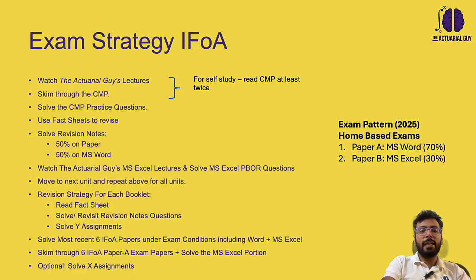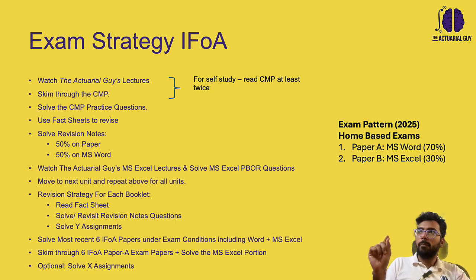Now let's get to IA. Before that, if you're self-studying instead of enrolling for my lectures, then instead of going through the lectures and skimming through the CMP, you need to go through the CMP properly at least twice, because it is complicated to understand. If you have that kind of time, you should try and self-study, otherwise don't.